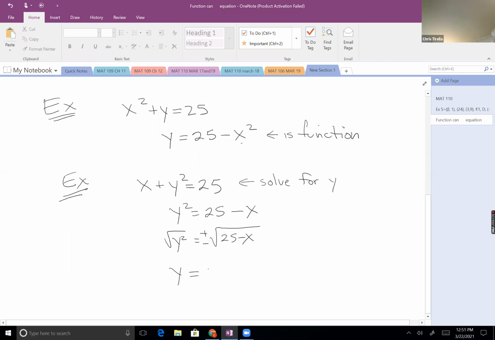And so I get y equals plus or minus the square root of 25 minus x. I'm sorry, not x squared, x, I apologize. And you notice that this one's not a function because for any x value, I can get two y values.